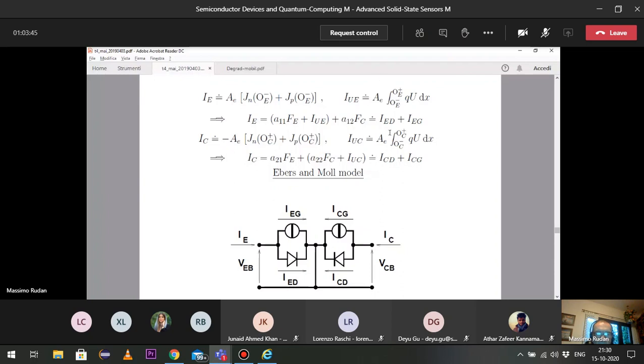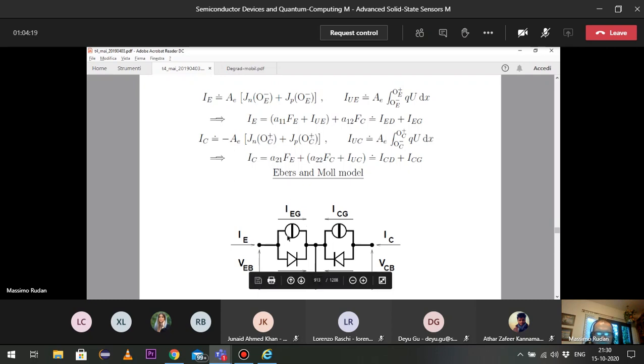So we call it I_ED, the part of the emitter current due to a diode. And in the circuit, it is represented in this form because you see the two contacts of this diode are subjected to this voltage V_EB, and through the diode we have the current I_ED flowing.